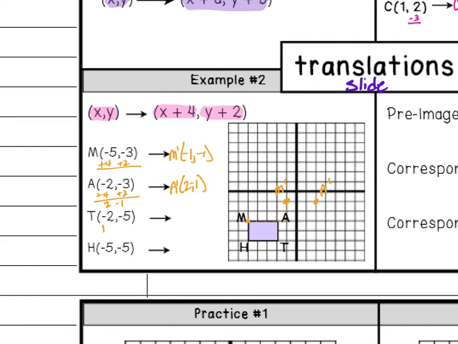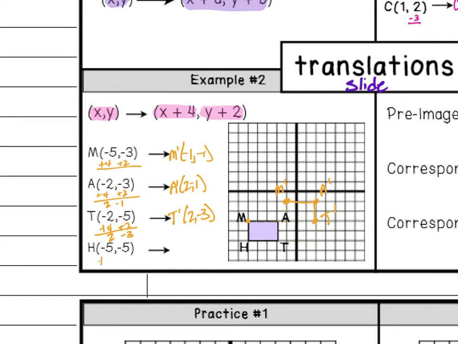And then again, add 4 and add 2. Let's make sure I can add right this time. So this is 2 and -3. So t prime should be 2, -3. So 1, 2, 3, 4, 1, 2. And that looks like exactly where it's supposed to be.